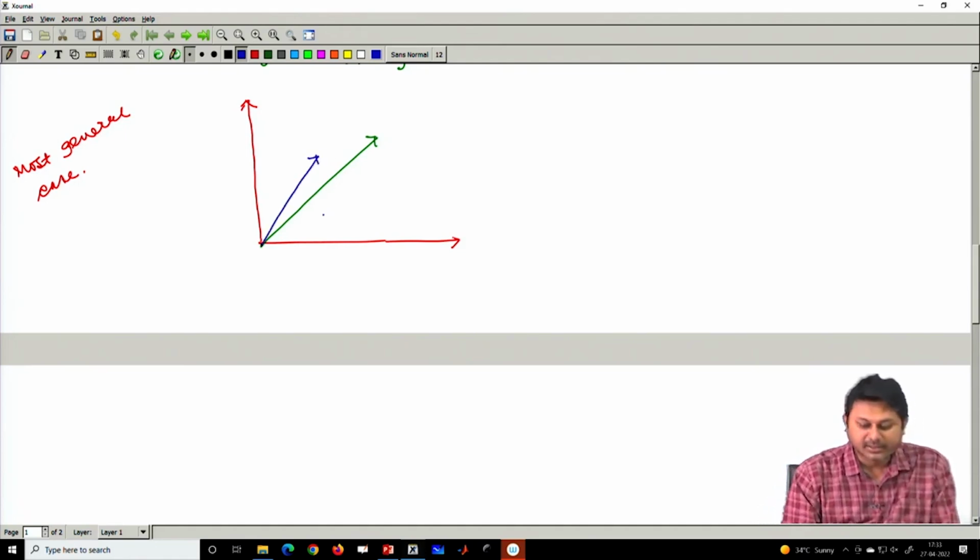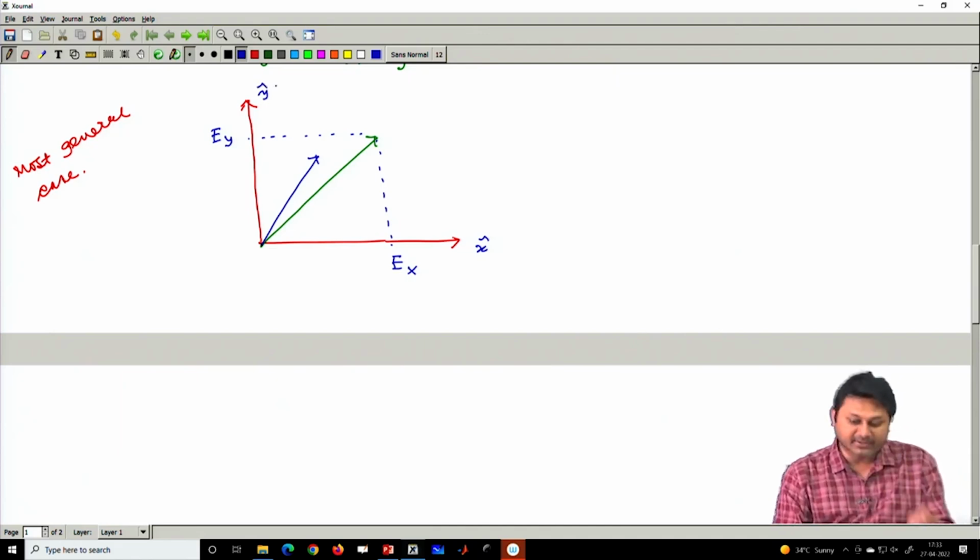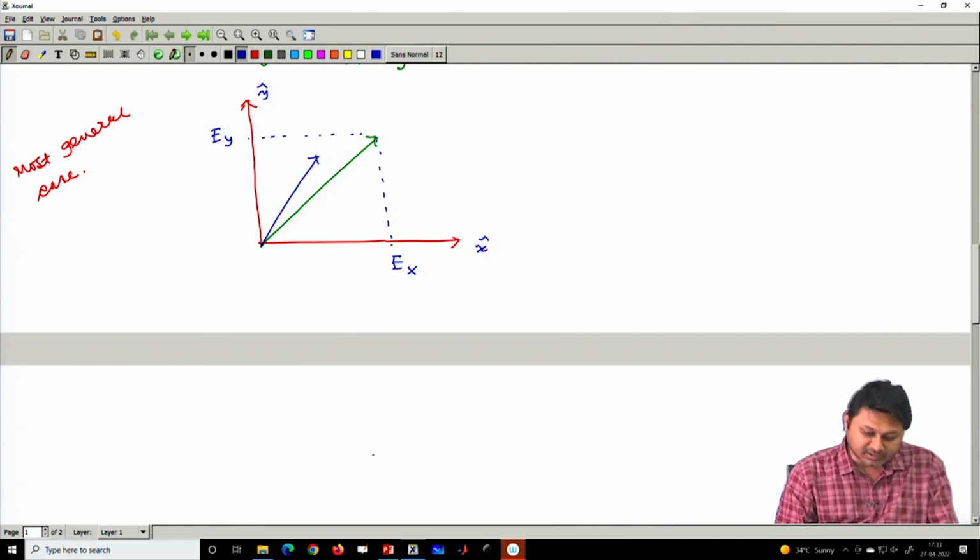Not only that, so this is my E x, suppose I divide, this is my say E x and this is my E y. I can separate the coordinate components in x and y direction, but whatever the P I am having, its x component does not depend on only E x, it can also depend on E y.